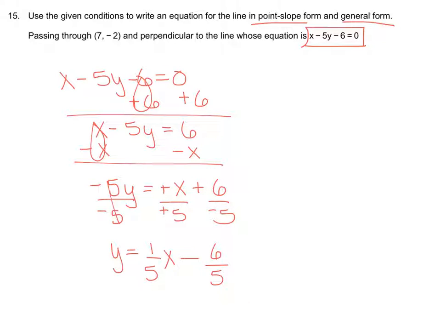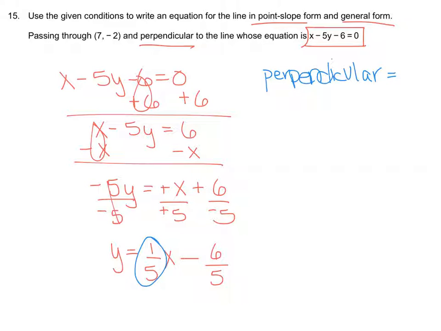In our problem, it says that our equation is going to be perpendicular to this line. So in order to find the perpendicular slope, we're going to take the negative reciprocal of this slope. So the slope perpendicular is going to be this slope, but we're going to flip it.